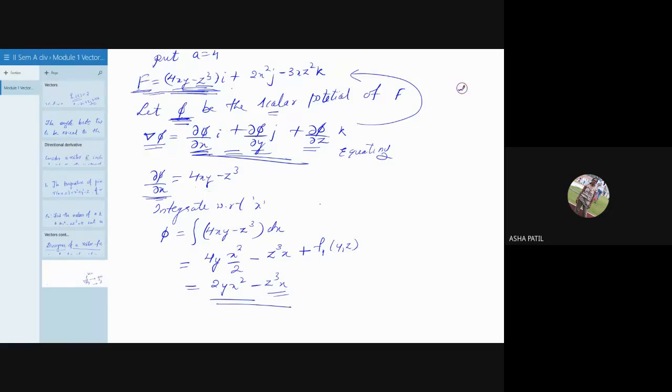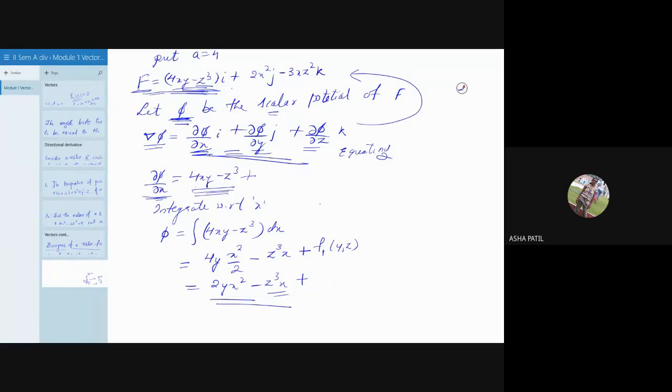Now, along with this, suppose I had a term y square sine z. What's the derivative of this phi with respect to x? We get back the same function plus the derivative of y square sine z with respect to x, which is 0.